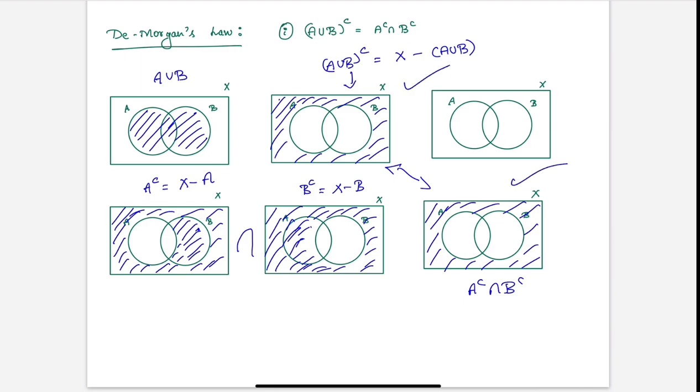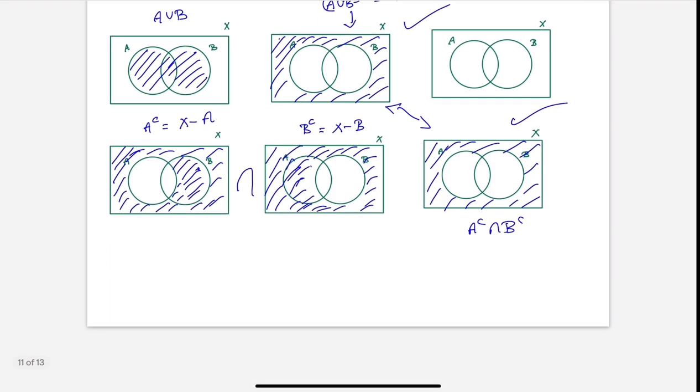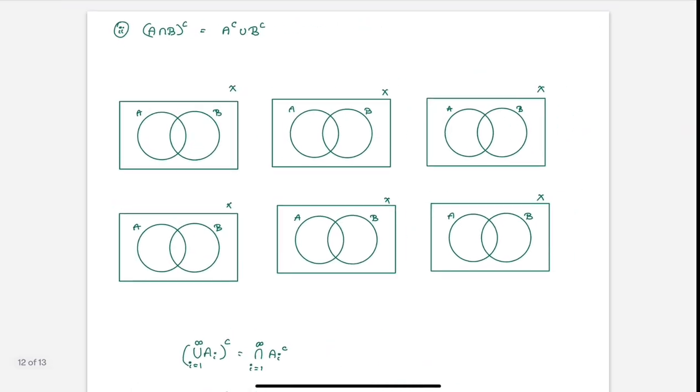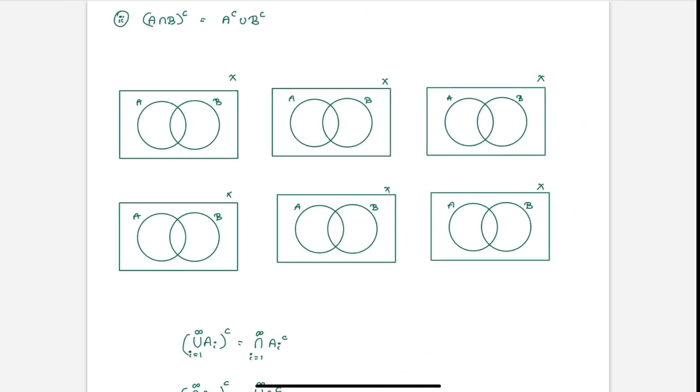So we have shown A union B whole complement is A complement intersection B complement. Similarly, you can also show that A intersection B whole complement is A complement union B complement. Using a Venn diagram, you can easily show this. Please try it.